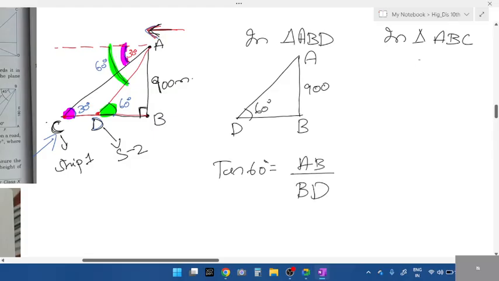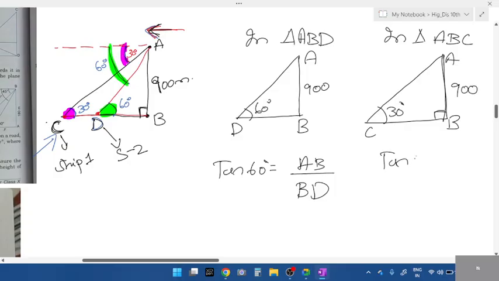Take the second triangle. Tan 30 degrees is equal to AB divided by CB, with AB as 900. And if you can't use tan 30 or tan 60, I taught you how to convert into cot.